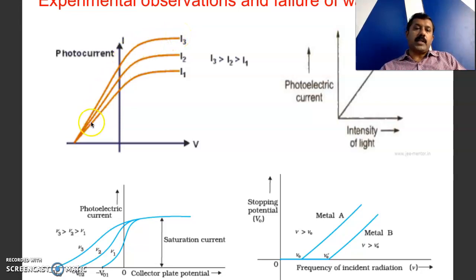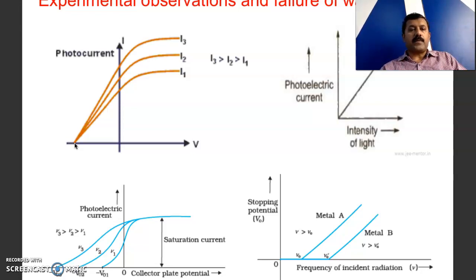Further, on the negative side, if you increase the voltage in the negative direction, that means just by reversing the polarities, you are keeping the potential opposing the electrons reaching the collector. So for a particular negative voltage, the number of electrons reaching the collector becomes 0. This is independent of intensity of radiation, which cannot be explained by using classical laws.